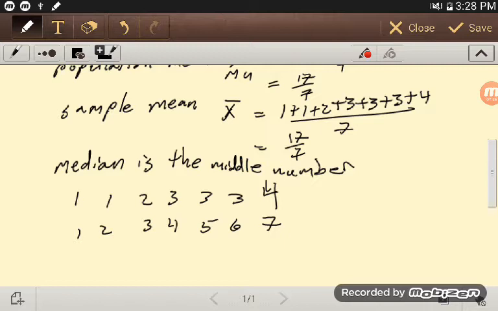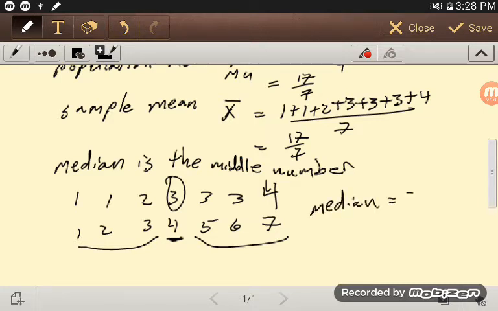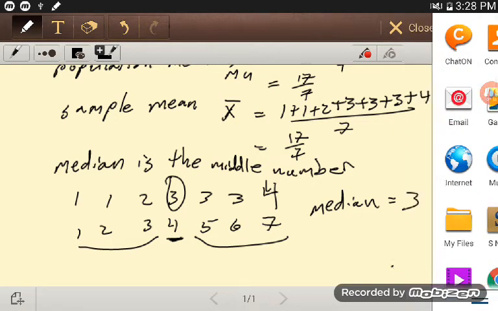Okay, where is the middle number? Well, it is right there, right? There are 3 on this side, 3 on that side. And so there is the middle number 3. And so in this case, the median is 3.